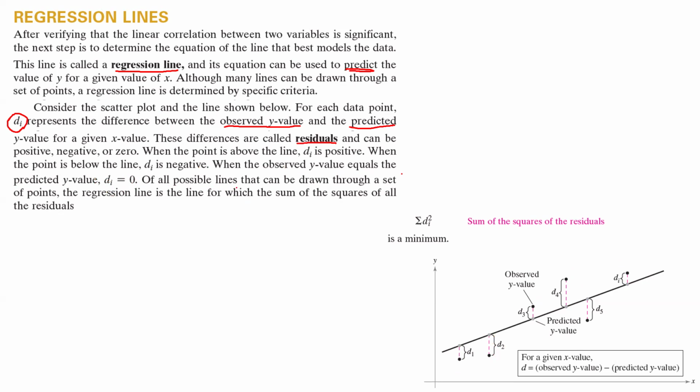Of all possible lines that can be drawn through a set of points, the regression line is the line for which the sum of the squares of all residuals is minimum. So this is our goal. Our goal is to find the equation of the line which has the sum of the squares of all residuals to be at the minimum value possible.